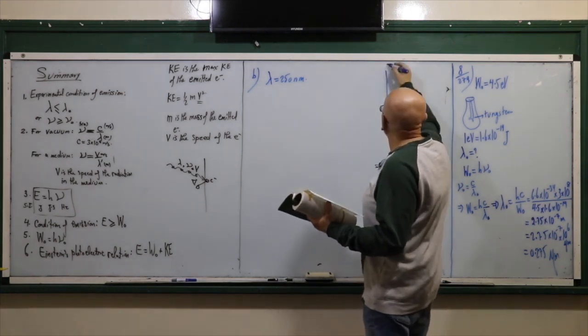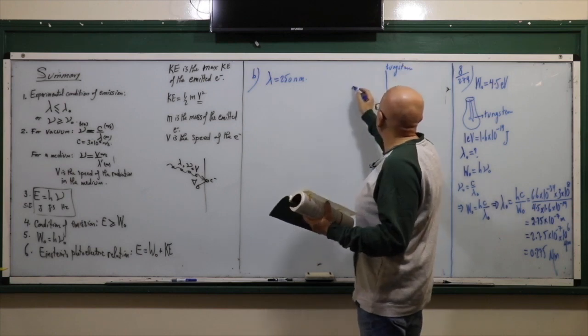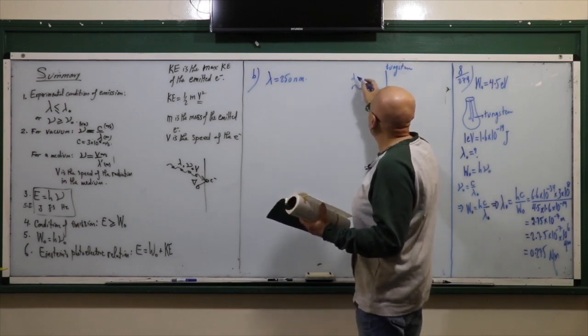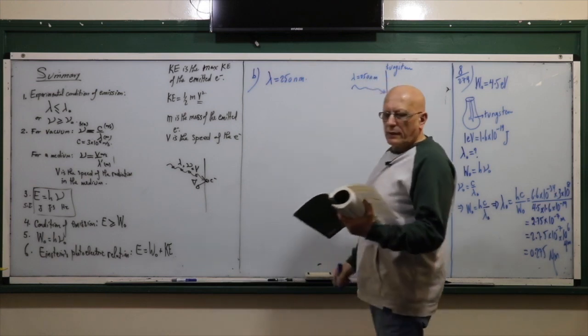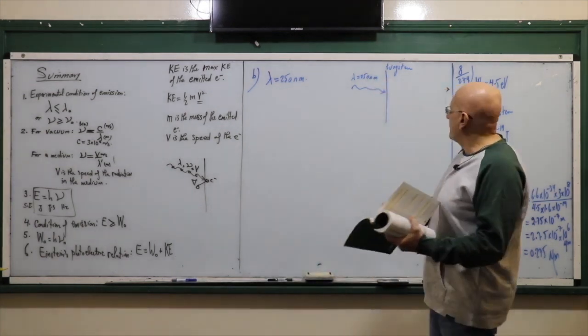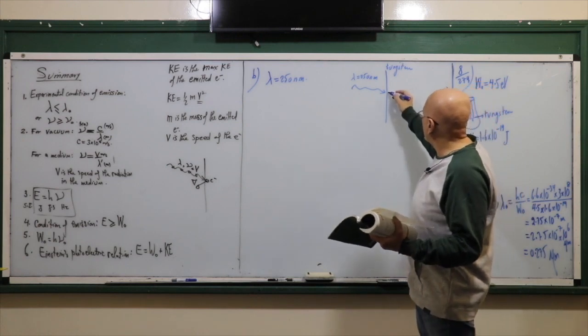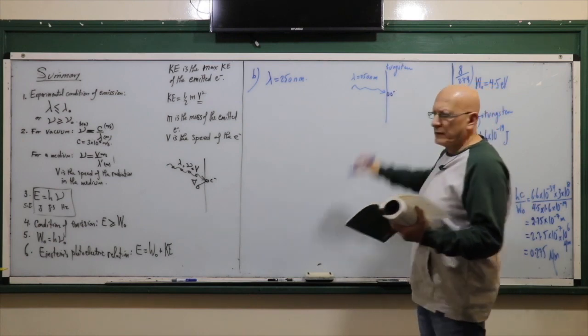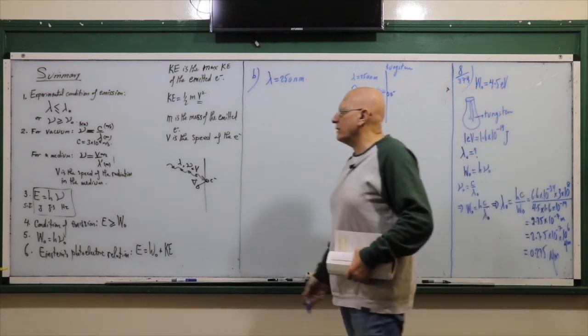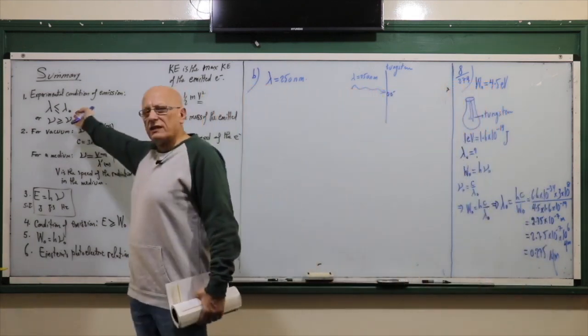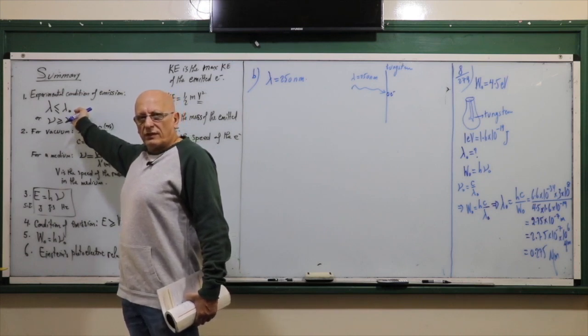If this is tungsten and you send here radiation of lambda equal to 50 nanometer, will there be an emission of electrons from the surface of the metal? We should think about the condition, which is very simple.